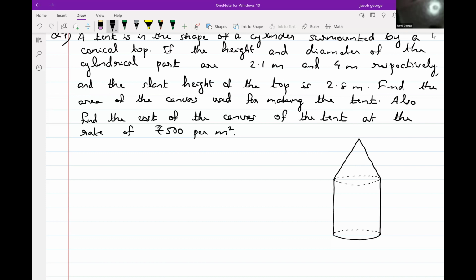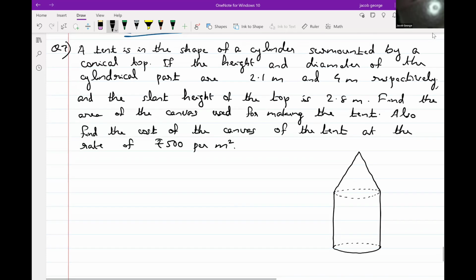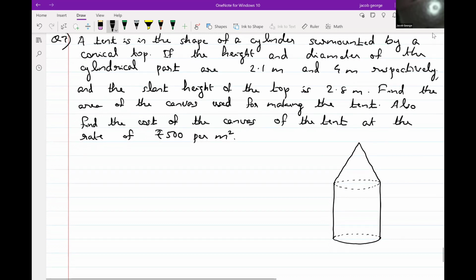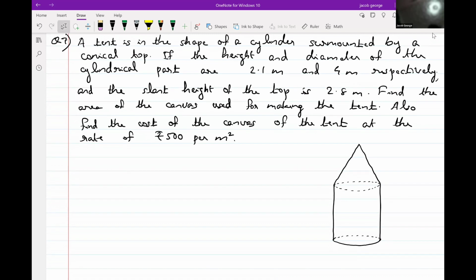Now we look at the dimensions. Height and diameter of the cylindrical part. Height of the cylindrical part is 2.1 meters, only for the cylindrical part. Some questions we have to subtract, but here it is not required. Diameter is 4. So if diameter is 4 meters, what will be the radius? 2 meters, half of 4.